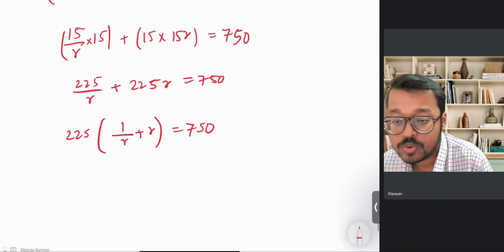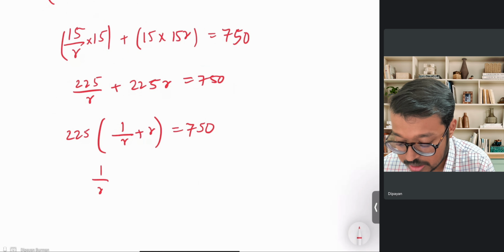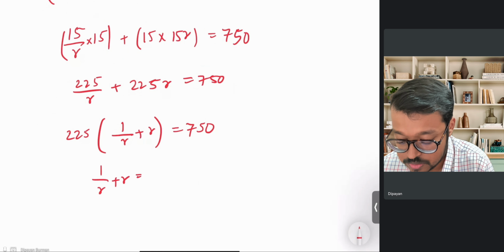Now if I move 225 to the other side, 1 by R plus R equals 750 by 225. We can reduce this by dividing by 5, or we can also divide by 15. So 225 is 15 into 15, and 750 divided by 15 is 50. Then let's divide by 5, so this is 10 and this is 3.